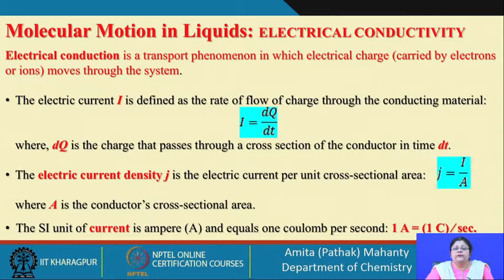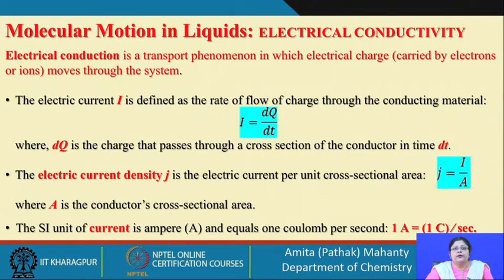Now, we have talked about flux before. Here we can also have another term similar to that. We call it the electric current density J. Initially we had talked about flux in the previous classes, and there also we represent the flux as J. Here also, since the concept is the same, the electrical current density is also nomenclated as J, and this is the electrical current which is passed per unit cross section area of the conductor or of the medium.